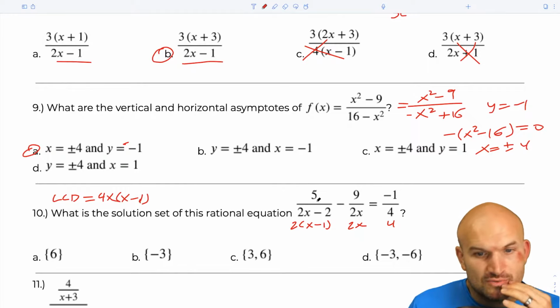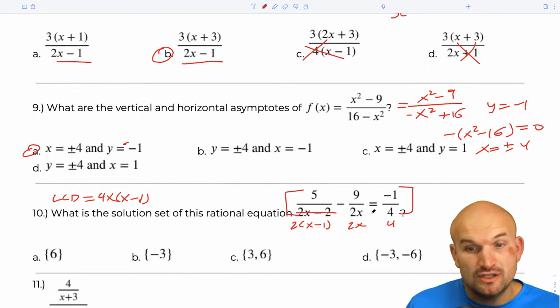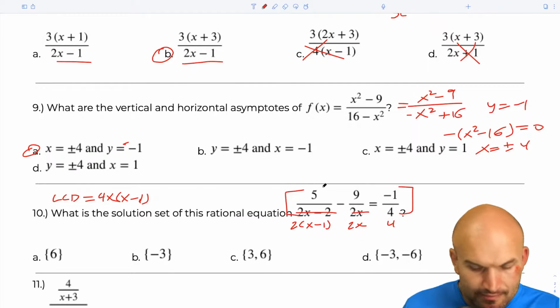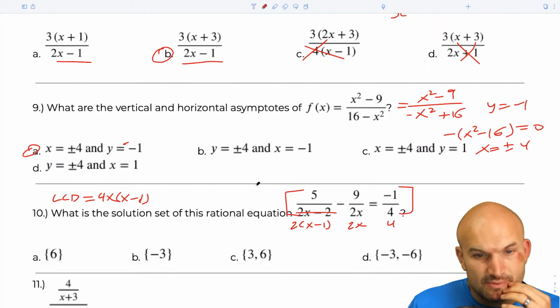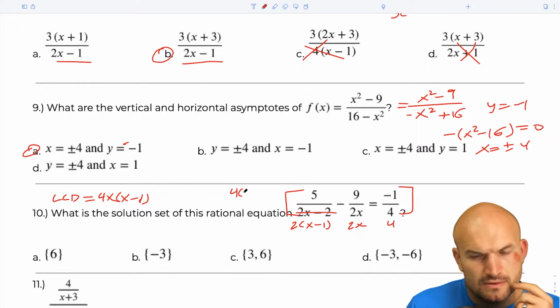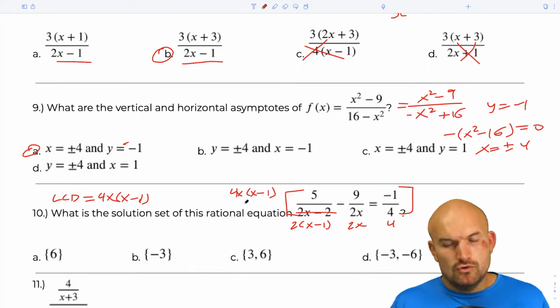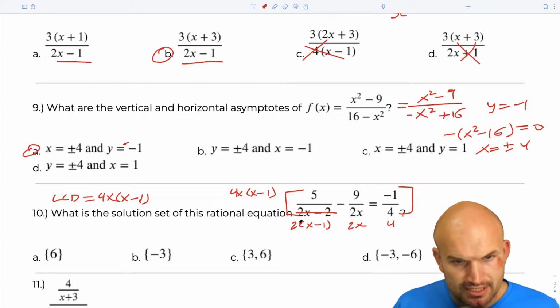Okay, so I'm going to multiply my LCD times all of these. We'll just keep the 2x there. So everything needs to be multiplied by 4x times x minus 1. Whew. So let's see here.